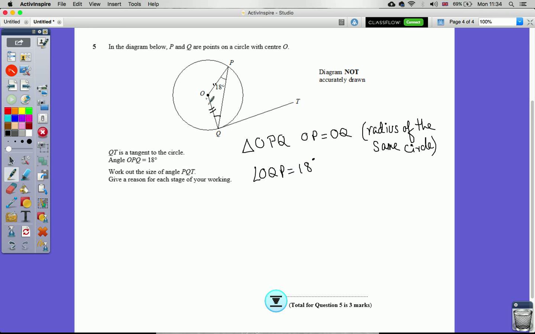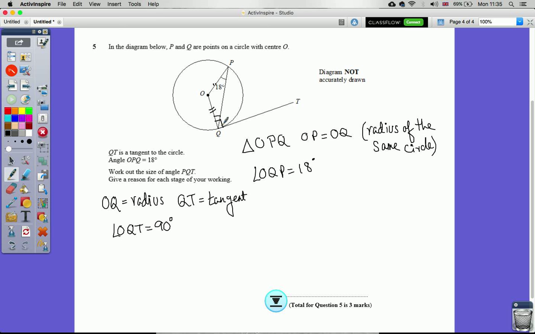Now, OQ is a radius, QT is a tangent. Therefore, OQ is a radius, QT is a tangent. Therefore, angle OQT is 90 degrees, because we know a radius and a tangent make 90 degrees at the point of contact.